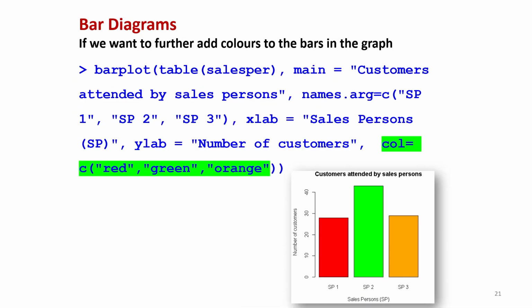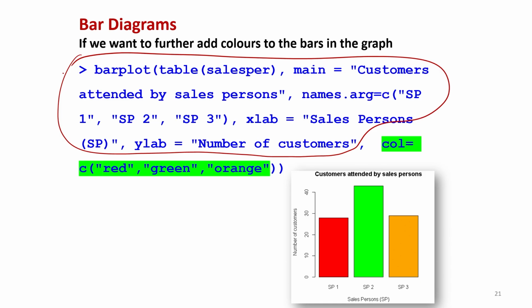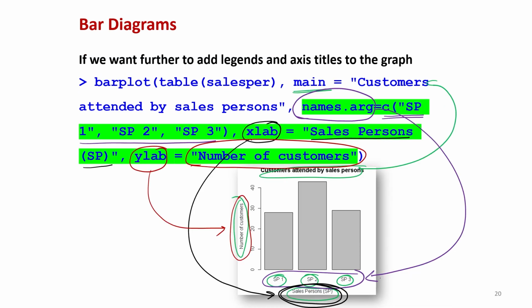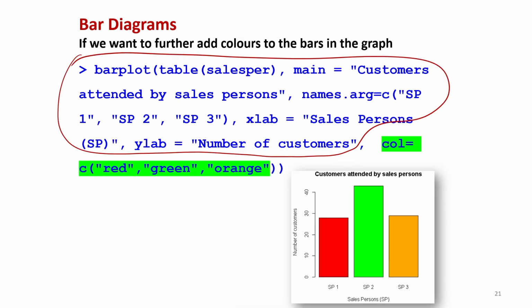And similarly, in the same graphic, if you want to change the color of the graphics, everything up to this point is the same as in this graphic, and I am only adding one more command, col, which is used to give different colors. You can see I wanted to give the colors red, green and orange to the 3 bars.